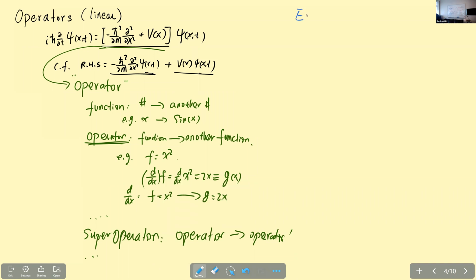Okay. For example, this one we call an operator. The operation is operator X. It's a multiplication, so multiplying X to a function.